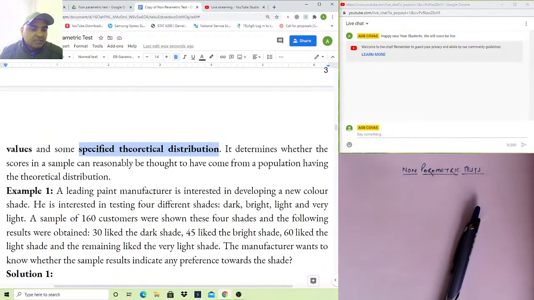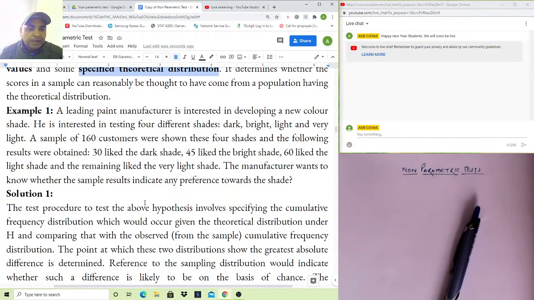Say for example, a leading paint manufacturer is interested in developing a new color shade, right? He is interested in testing four different shades. Let it be any color, and the shades are dark, bright, light, and very light. Now, a sample of 160 customers were shown these four shades, and the following results were obtained.